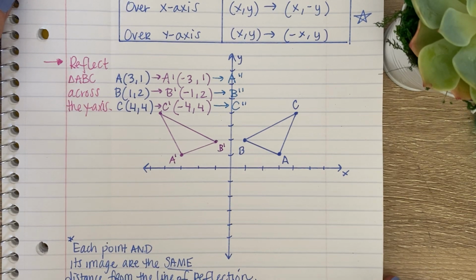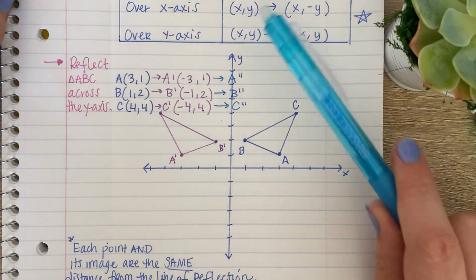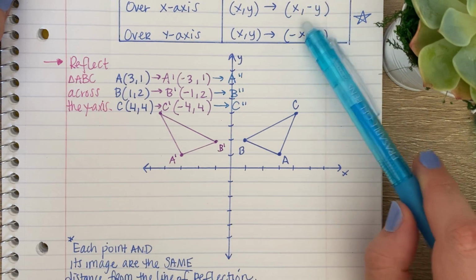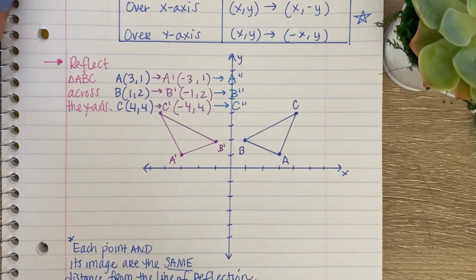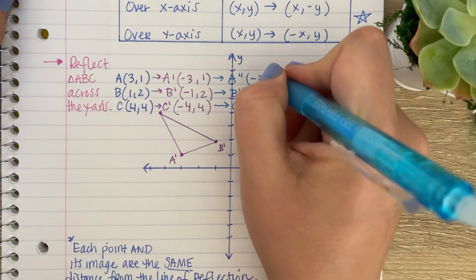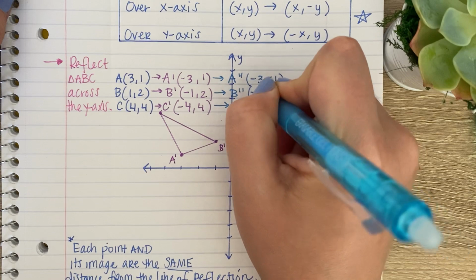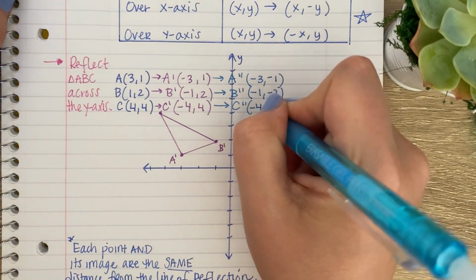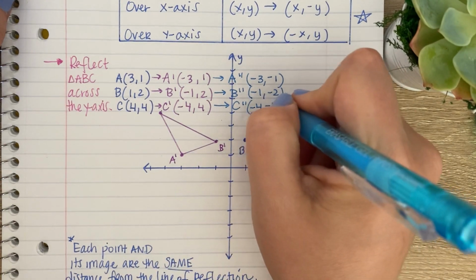So when we're reflecting over the x-axis, our x stays the same, but the sign on the y changes. So we have (-3, -1). We have (-1, -2). And C prime is (-4, -4).